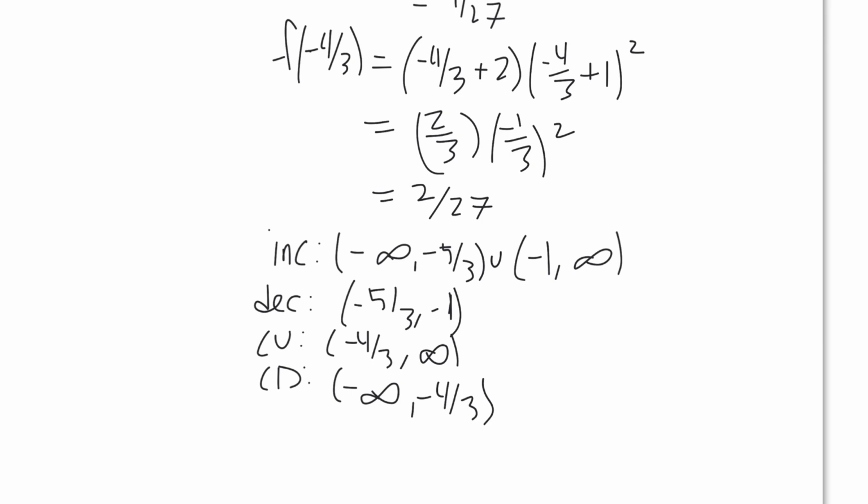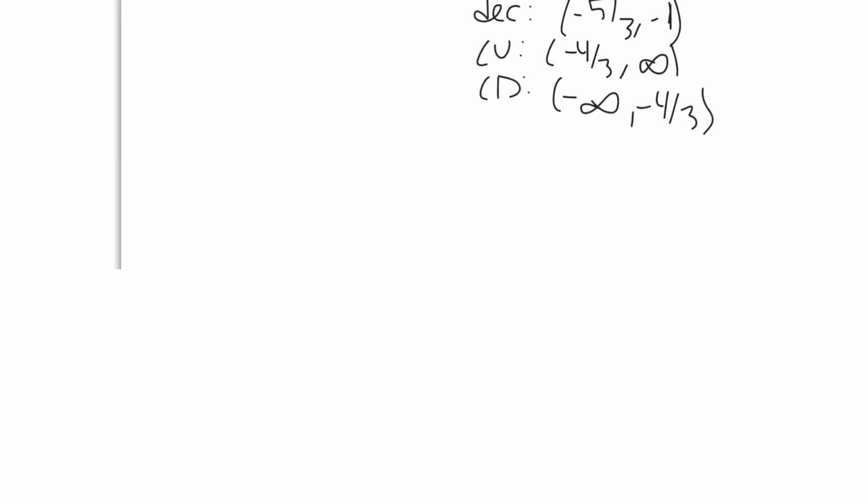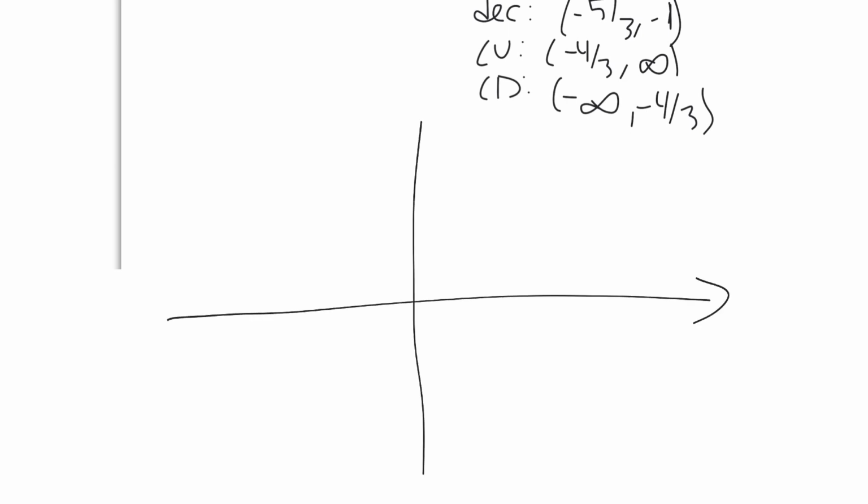All right, let's sketch this polynomial. So we've got x and f(x). We know our intercepts are at negative 2 and at negative 1.